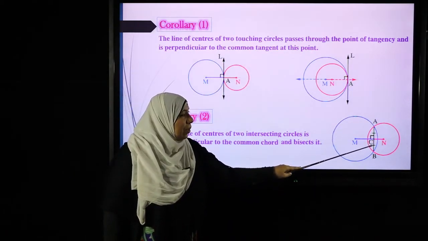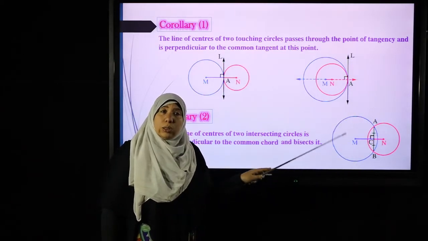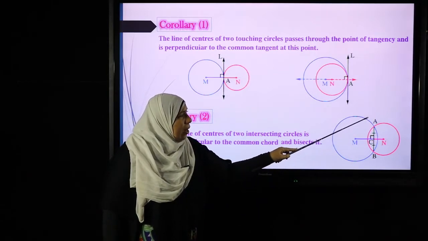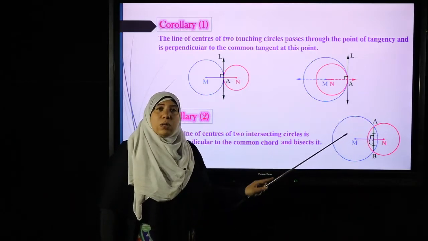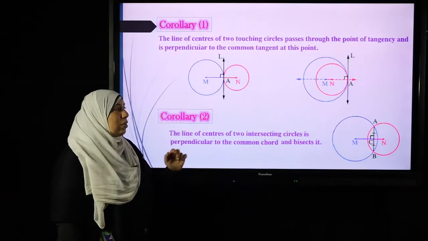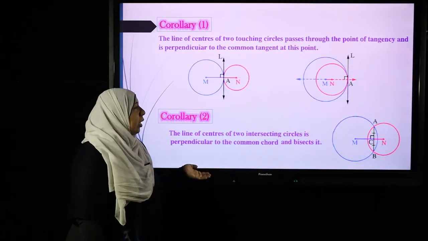Notice here that AB is a chord in circle N and AB is also a chord in circle M. So the line of centers bisects AB and is perpendicular to it. And this is also an important corollary.